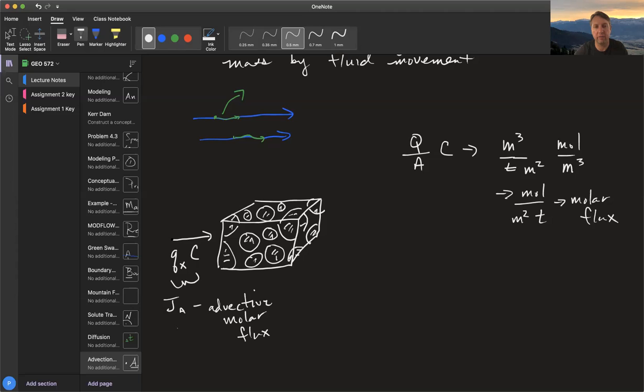All right, so we have qC coming in, and we have q times C going out, which we could write as qC in plus d/dx of qC times delta x.